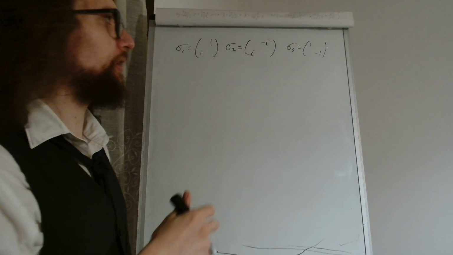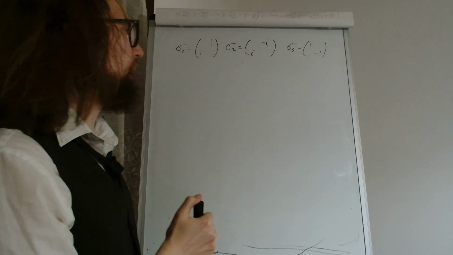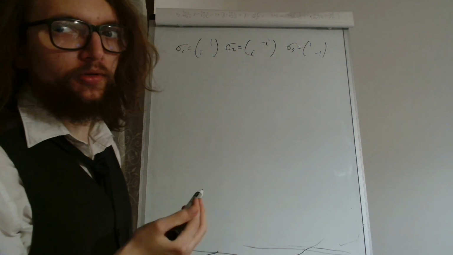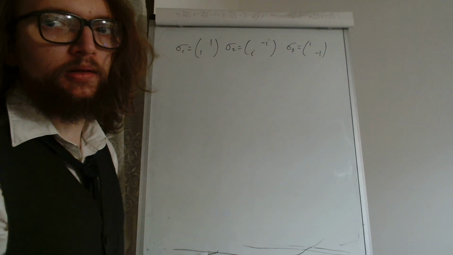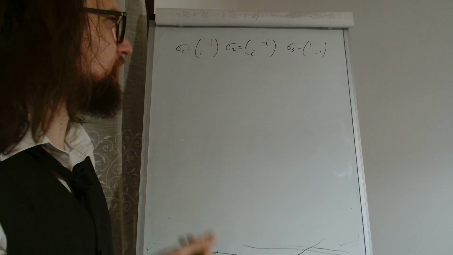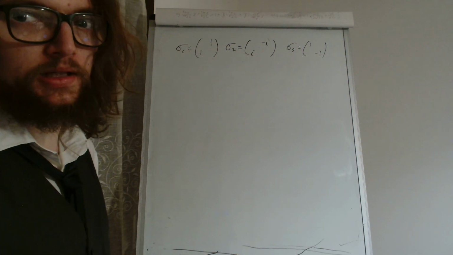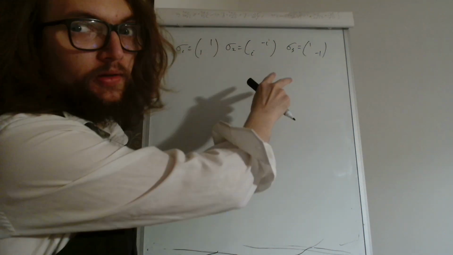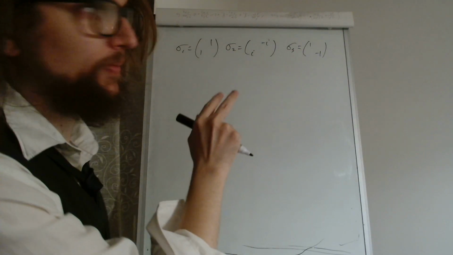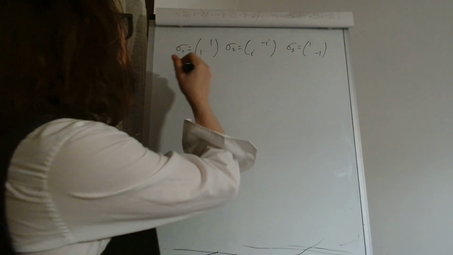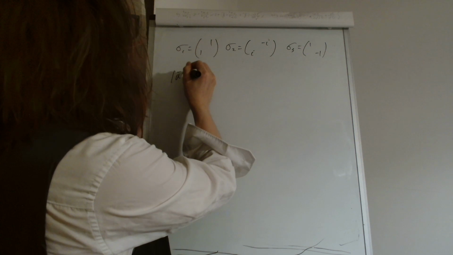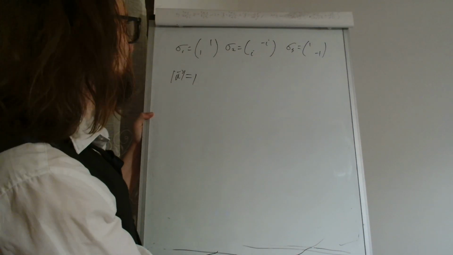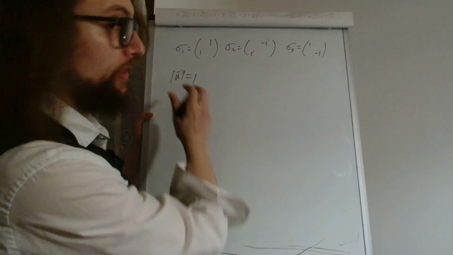So we want to study these Pauli matrices, and it is easy to verify that they have eigenvalues 1 and minus 1, but we can do better and prove that any combination of these three matrices will have eigenvalues 1 and minus 1 if the combination vector A has norm equal to 1. So what is this vector?